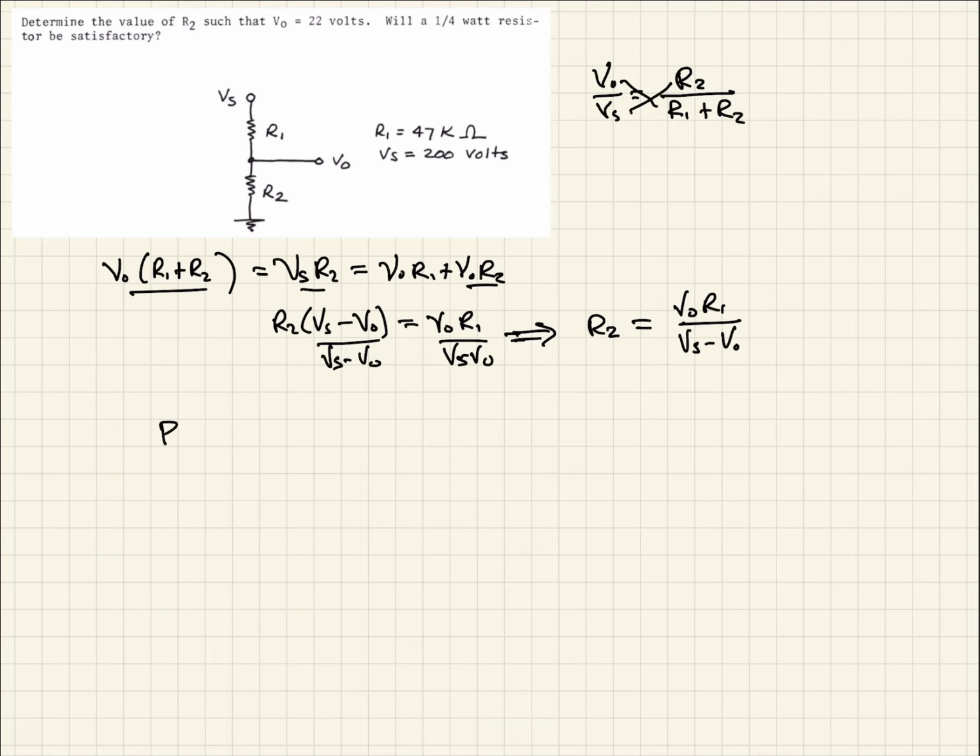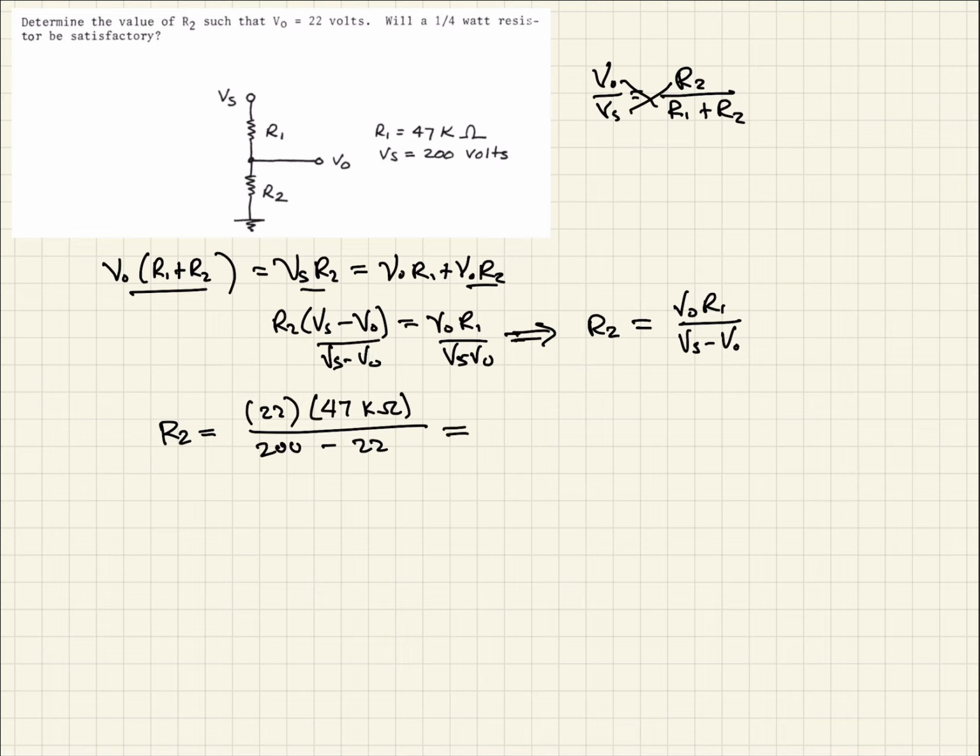Using that equation, R2 is going to be equal to V0, which we said was 22 volts, times R1, which we said was 47 kiloohms. Remember, we have to multiply that by 1,000. That's divided by Vs, which is 200 volts, minus V out, which is 22.